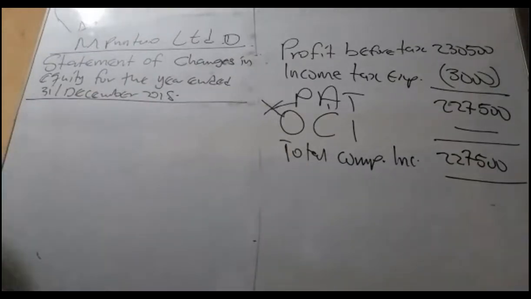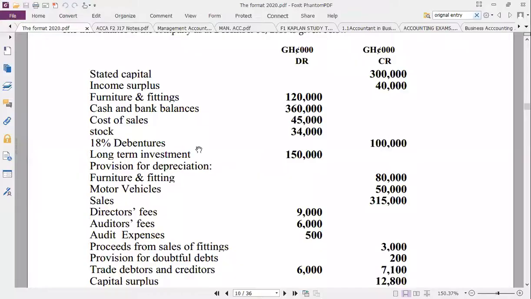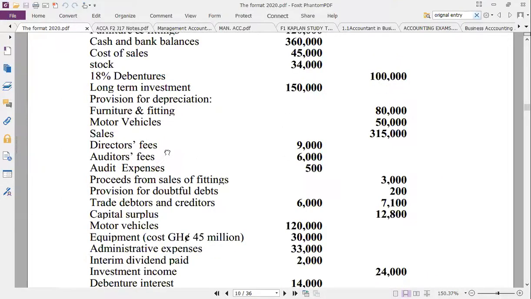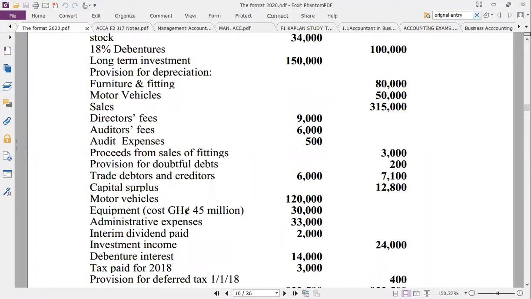For that one, you relax, go to the question and scan through the equity items of the question. So the equity items in this question, we have stated capital, income surplus, then capital surplus. So only three equity items.